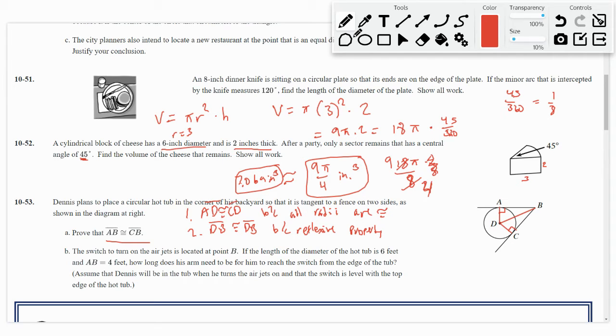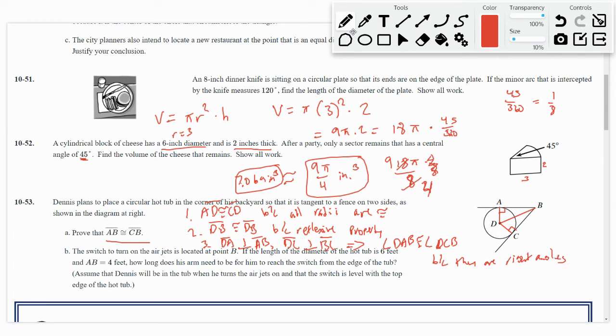So we have 2 right angles here. And so because we know that DA is perpendicular to AB and DC is perpendicular to BC, this implies, and that's what this little arrow means, that angle DAB is congruent to angle DCB because they are right angles.